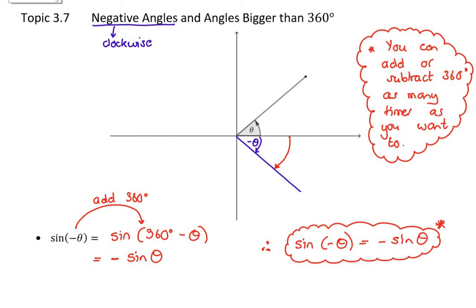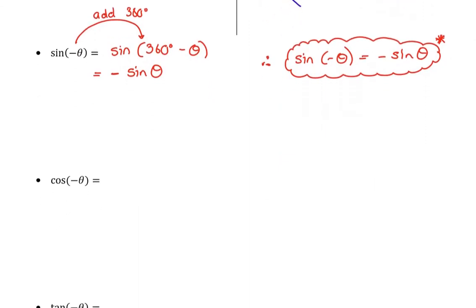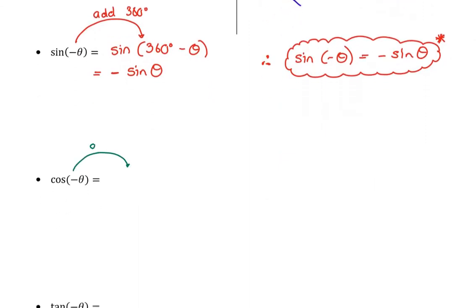So if that's true for sine, what about cos? Well, let's do exactly the same thing. Let's add 360 degrees, because you remember you're allowed to do that whenever you want to. So if I make this cos of 360 degrees minus theta, that's exactly the same thing as cos of negative theta. All I've done is go 360 degrees round and land up at the same place.